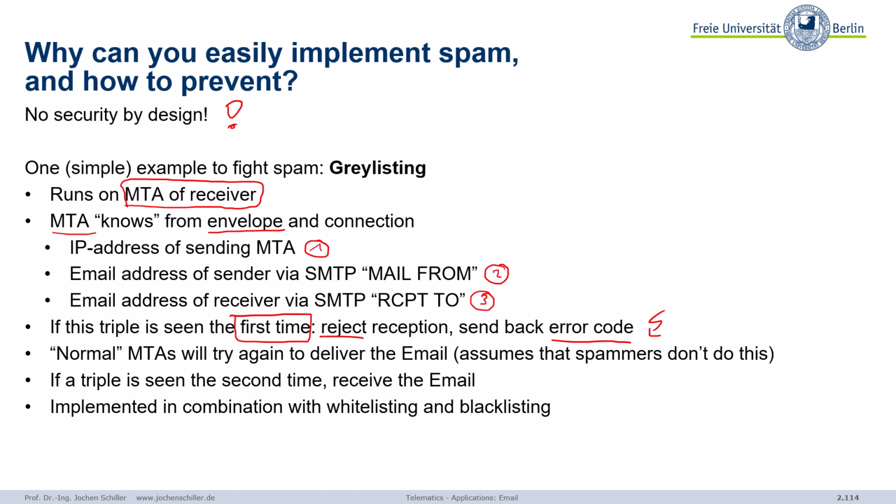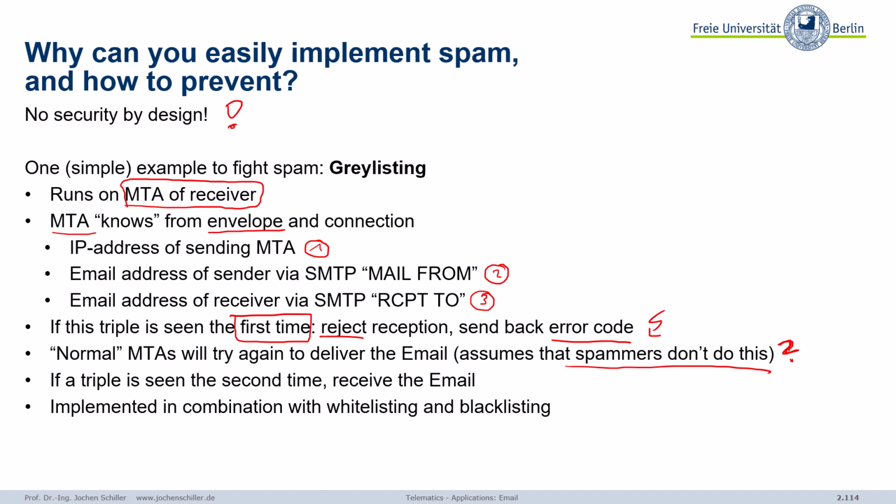The idea behind this is that normal MTAs, non-spamming MTAs, will try again after a minute, after 10 minutes, after whatever. They try again to deliver the email. And the assumption is spammers don't do this. Okay, we can discuss this, but we assume spammers don't do this.